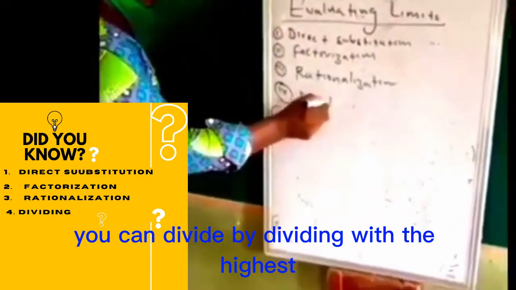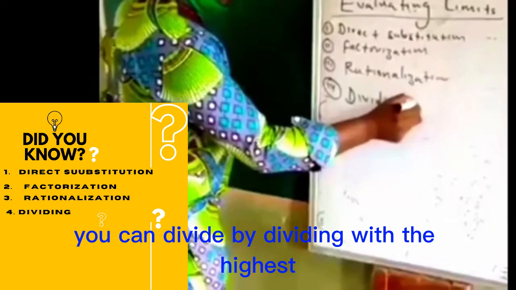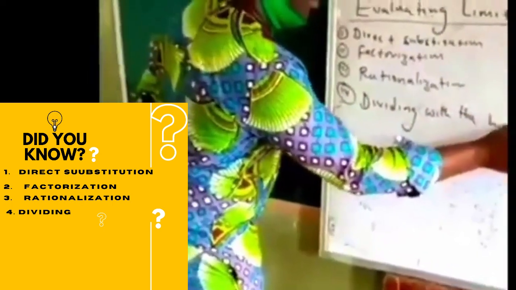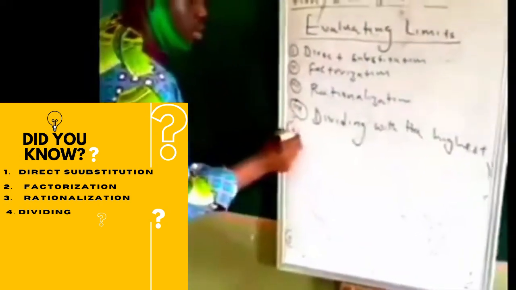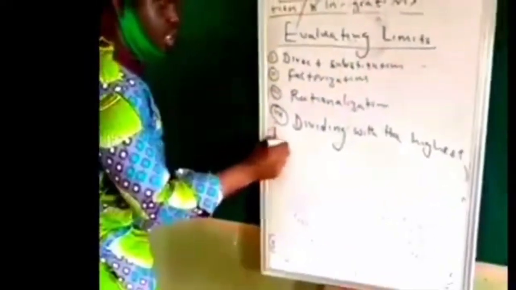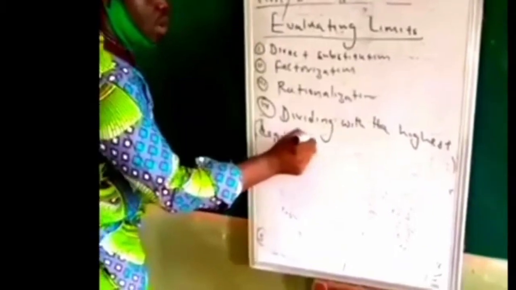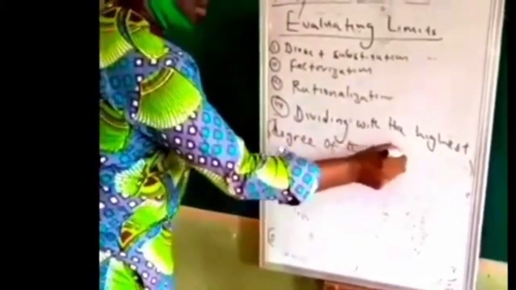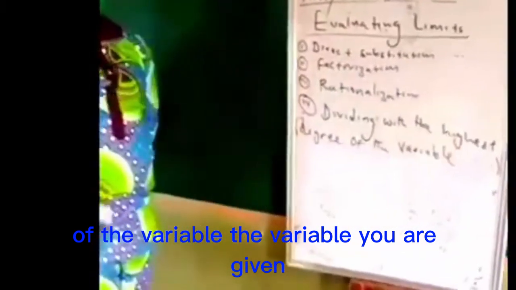You can divide by the highest degree of the variable, the variable you are given.